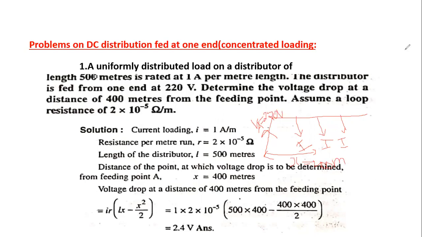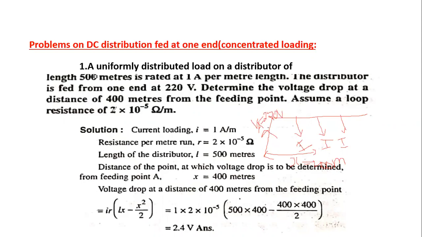Determine the voltage drop at a distance of x meters, that is 400 meters, from the feeding point. At the feeding point, at 400 meters distance, what is the voltage drop? That will be calculated.